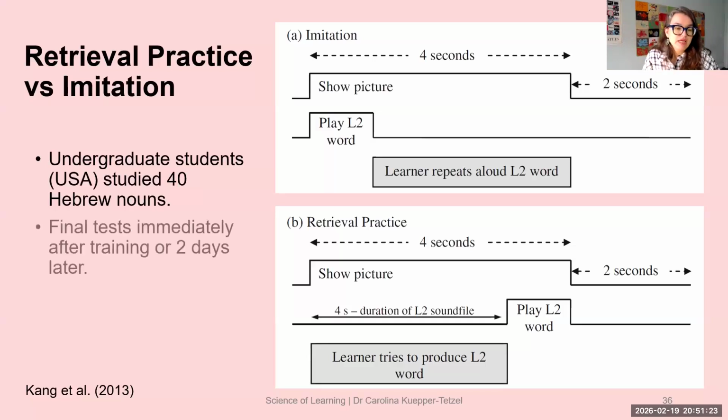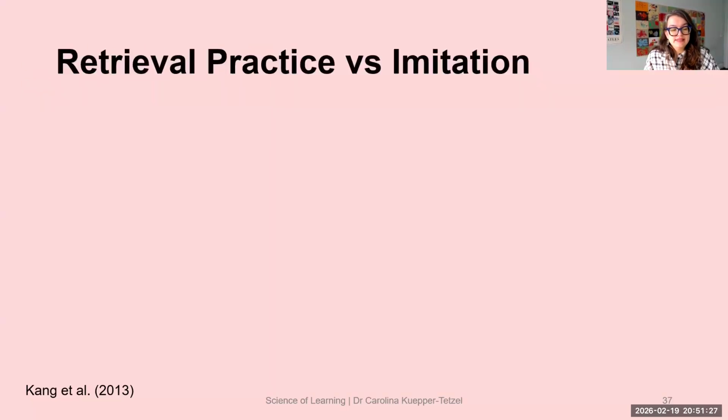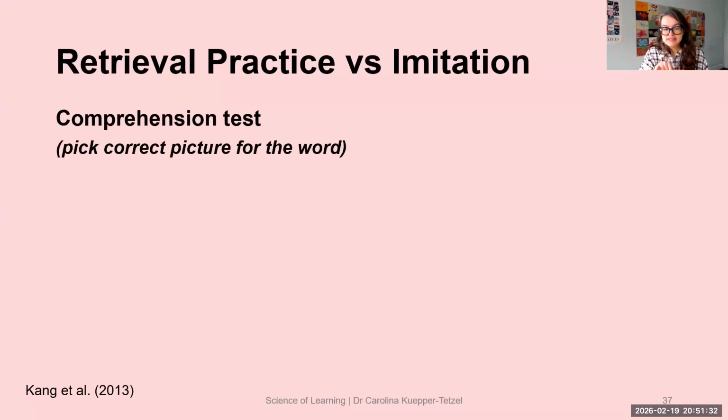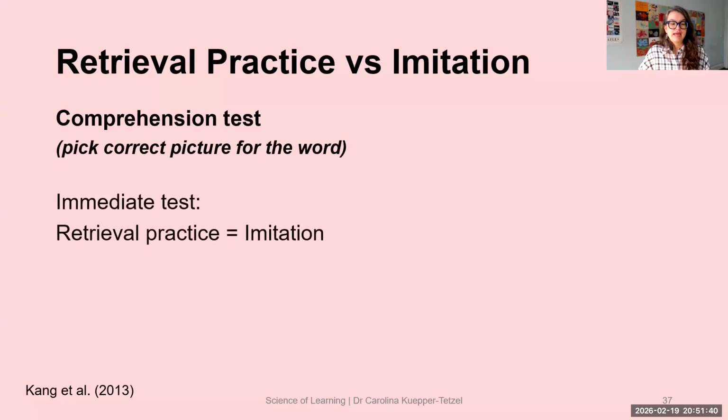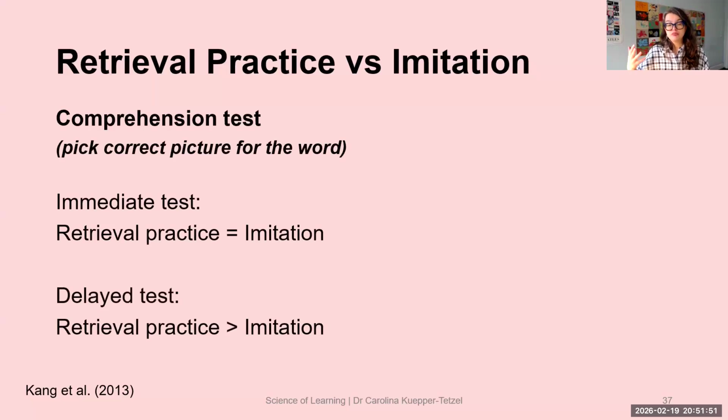They had a final test immediately after training or 2 days later. One test was a comprehension test: pick the correct picture for the word. In the immediate test there was no difference between imitation and retrieval practice, but on the delayed test, retrieval practice outperformed imitation.